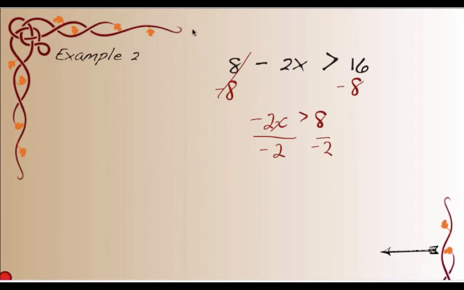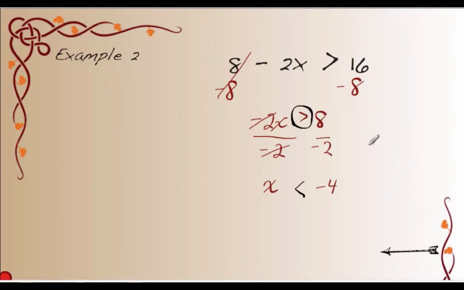But be careful. When you divide by a negative 2, we notice that it makes the signs change. Right? Negative divided by a negative changes to a positive. A positive divided by a negative changes to a negative. And also, our friend in the middle must reverse.